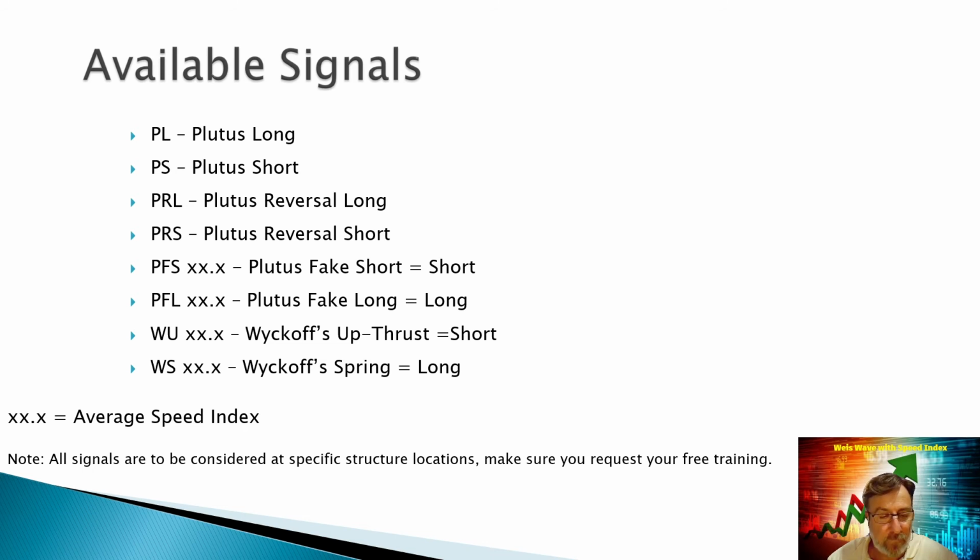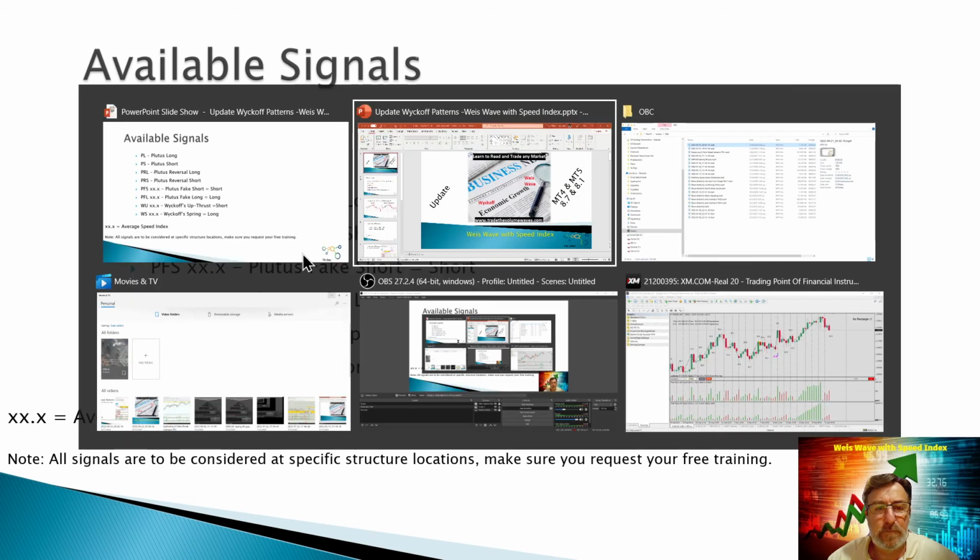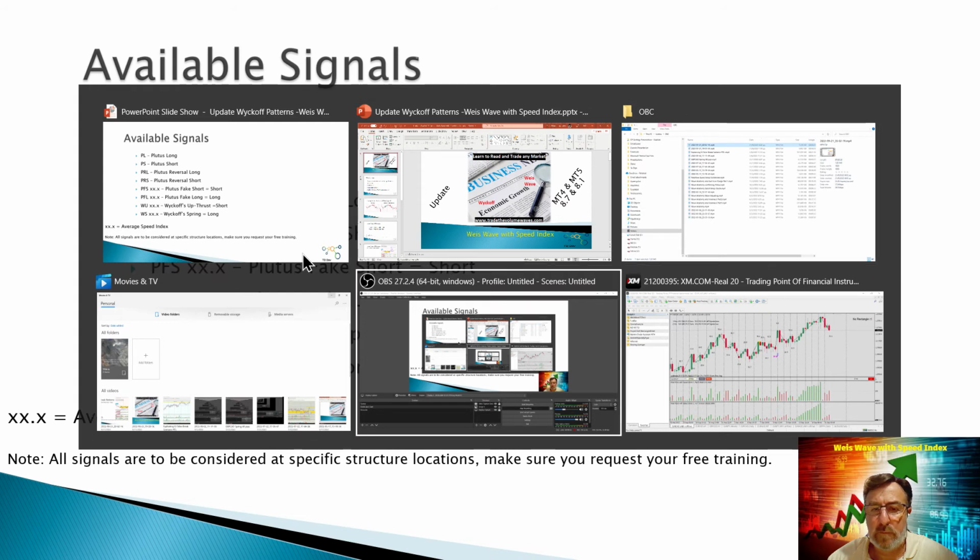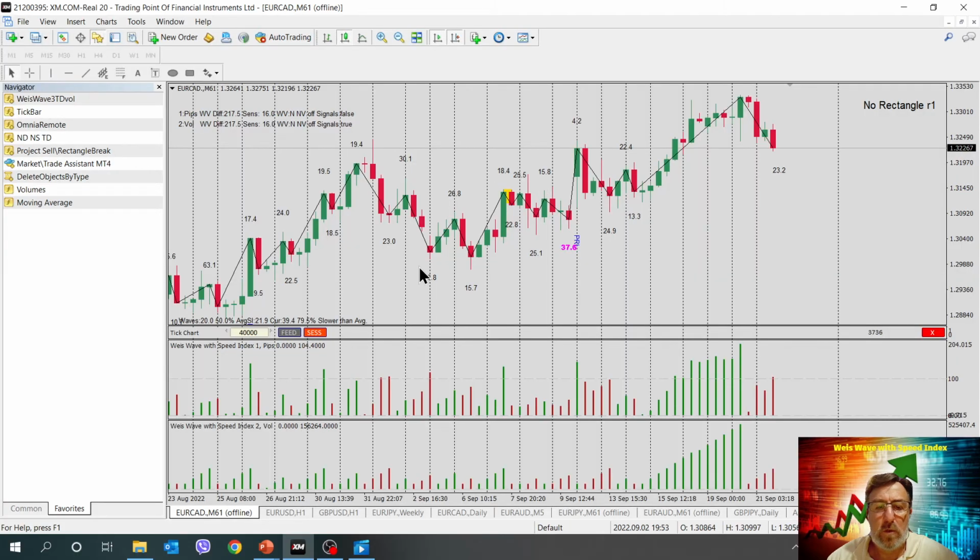So let me go and show you a bit on MT4 some of this stuff. Okay, we are in MT4 now. So as you can see here, this is a tick chart, it's not a time frame chart.